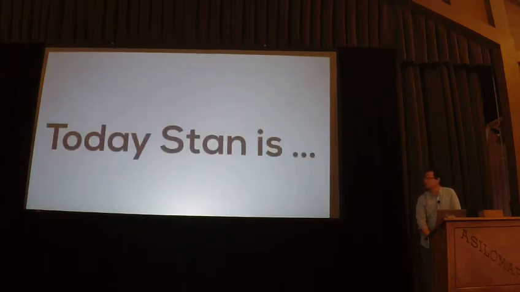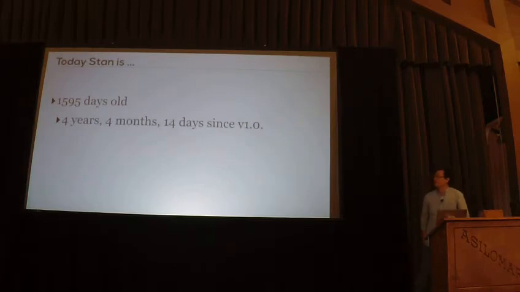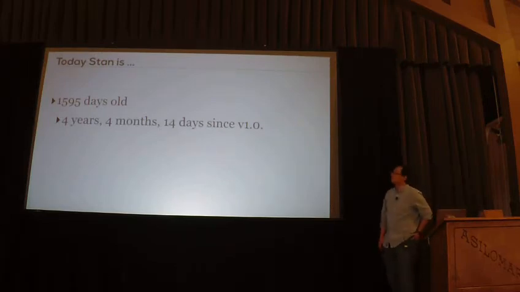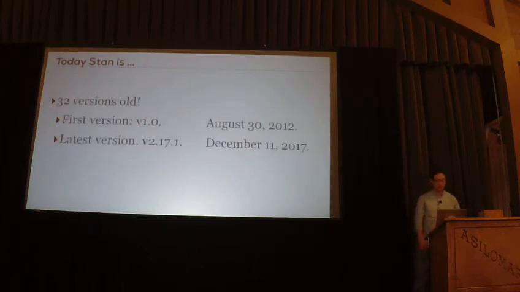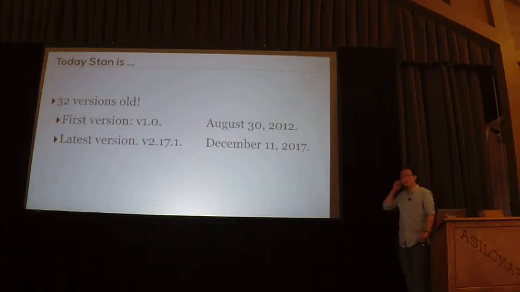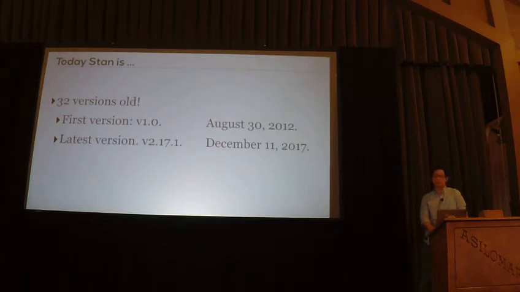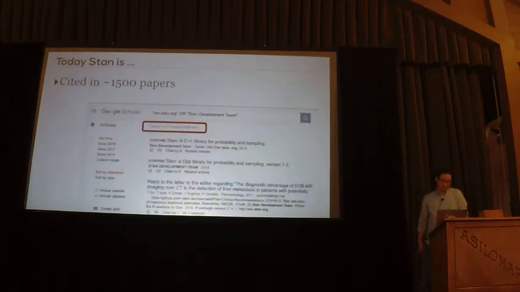All right, so today Stan is almost 1,600 days old. It's like 4 years and change since version 1.0. We've had 32 releases since we first launched. The first one was in August 2012, and the latest version was December of last year.